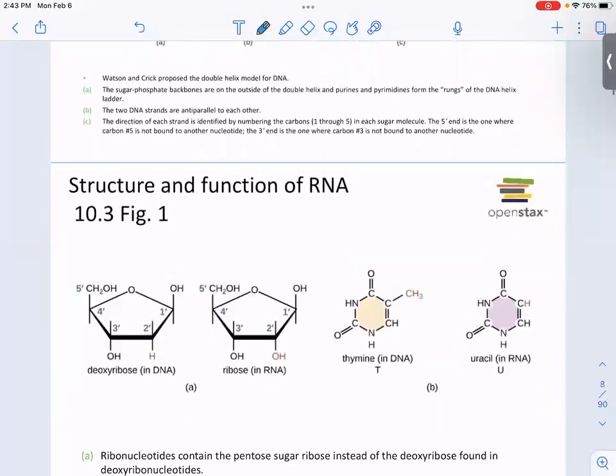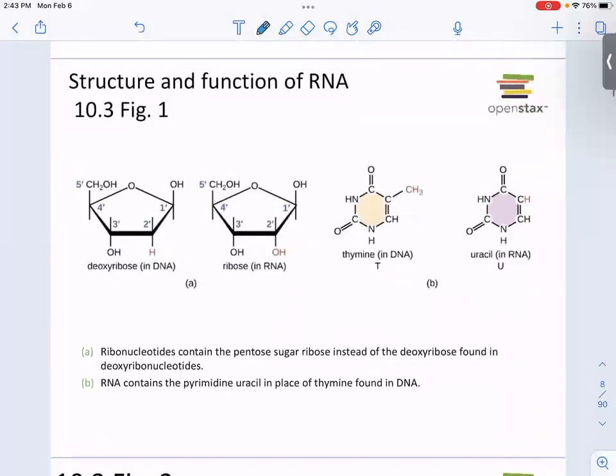Okay. Good. So differences between RNA, there's really not a lot of differences. Of course, there's going to be ribose sugar instead of deoxyribose. Look at the structure there. They are so similar. The only difference here is ribose has a hydroxyl group there instead of just a hydrogen.